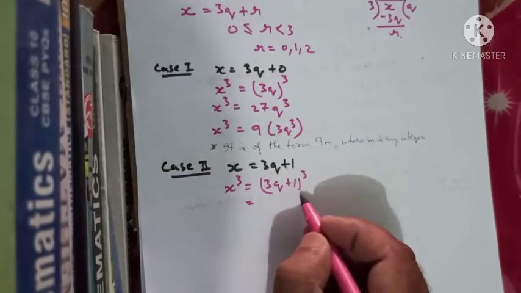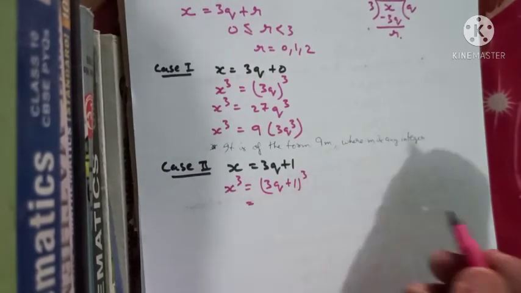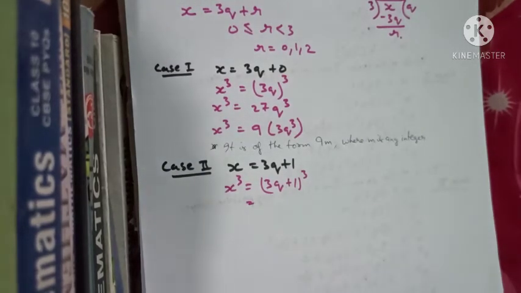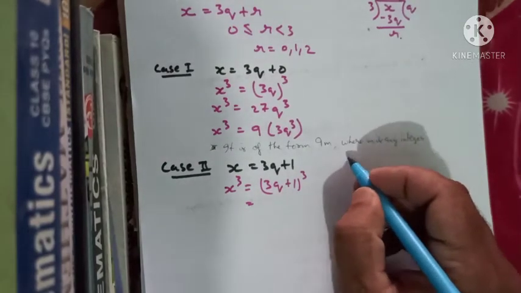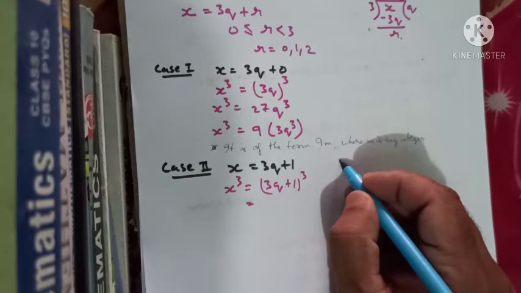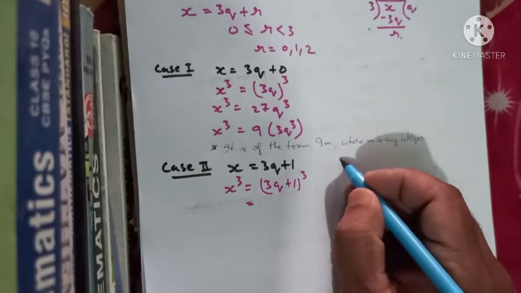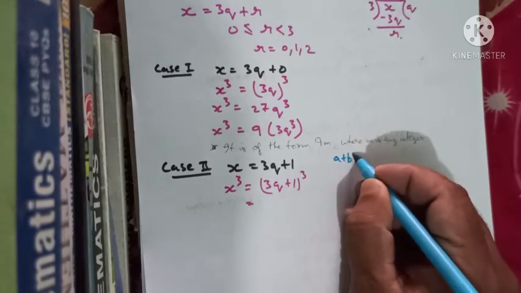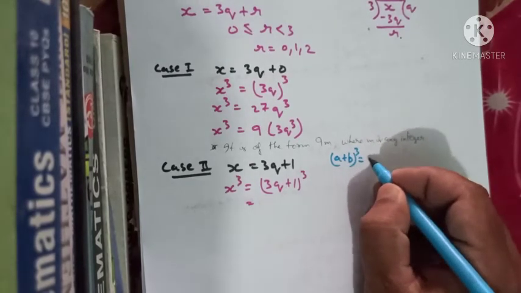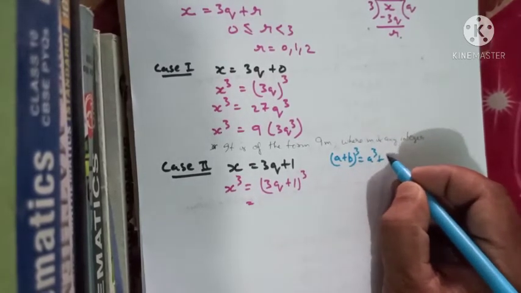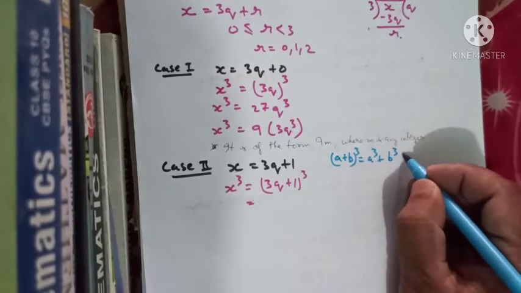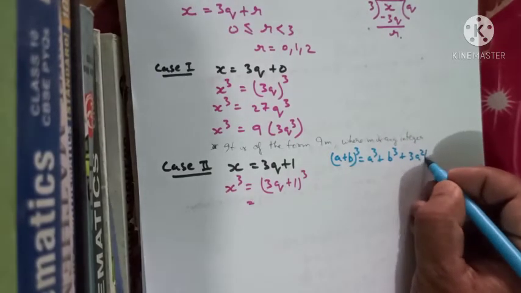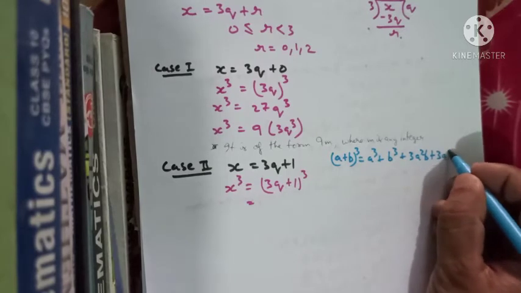So a plus b whole cube is equal to a cube plus b cube plus 3a square b plus 3ab square. Let me write it here if you have forgotten the identity, although you can watch the class 9 video to revise all the identities.